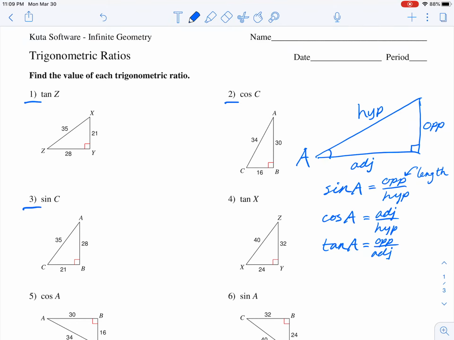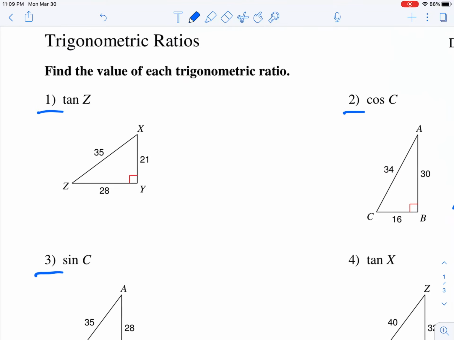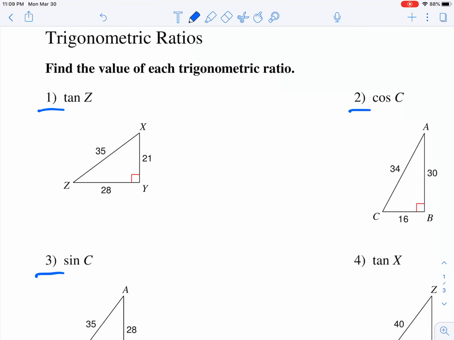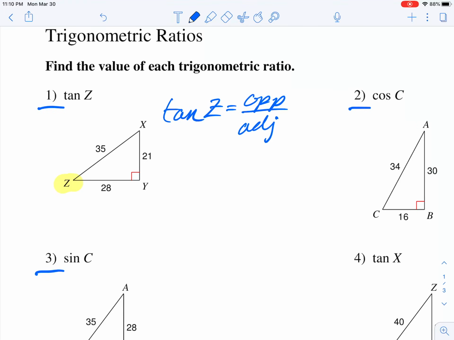Let's put that into practice. This sheet is asking us to find the value of each trigonometric ratio. For our first example, we are given a tangent. So remember, tangent of Z. Let's highlight the angle that we're looking at. Tangent of Z is the opposite side length over the adjacent side length.